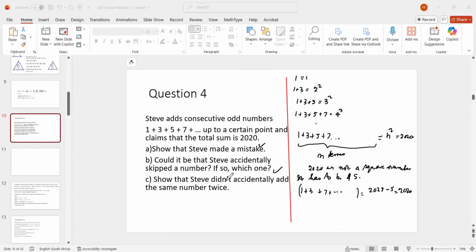The part C is saying, show that Steve didn't accidentally add the same number twice. Now, you know it's definitely an error, but exactly what was the error? We said, look, maybe he skipped a number, and that was possible because we saw that if you skipped 5, you'll get to that answer.